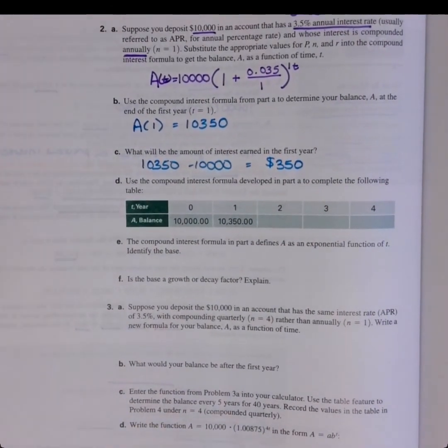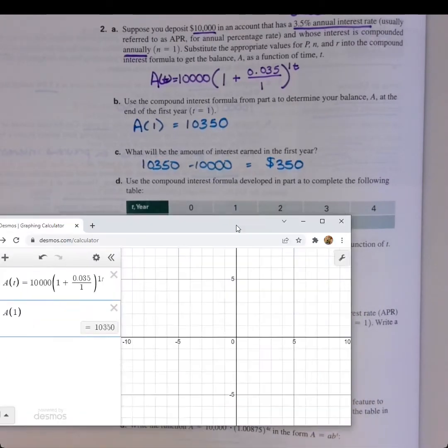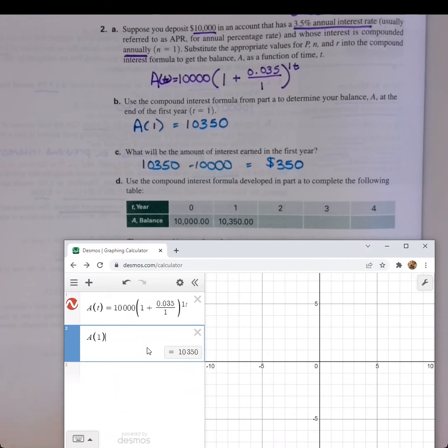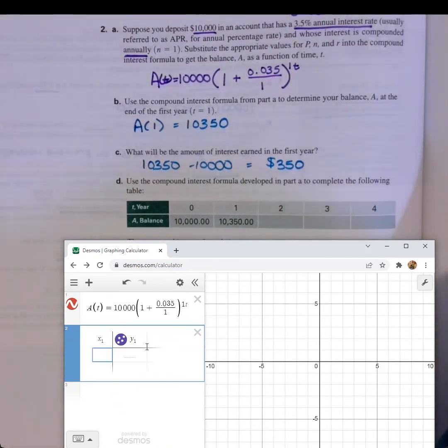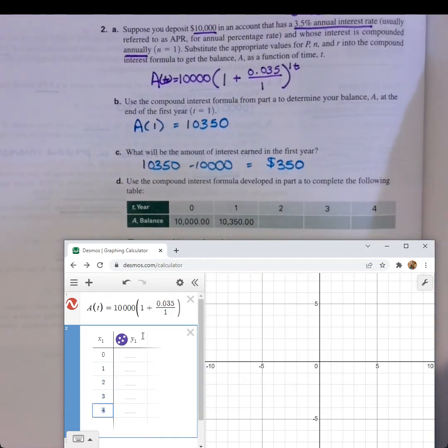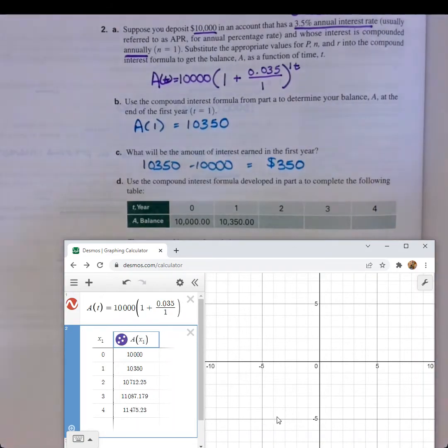All right, so now we're going to use the same formula to complete the following. How much do I earn after 2 years and 3 years and 4 years? I'm going to make a table because I can. And we're going to have our 0, 1, 2, 3, 4. And let's go ahead and evaluate A of x.